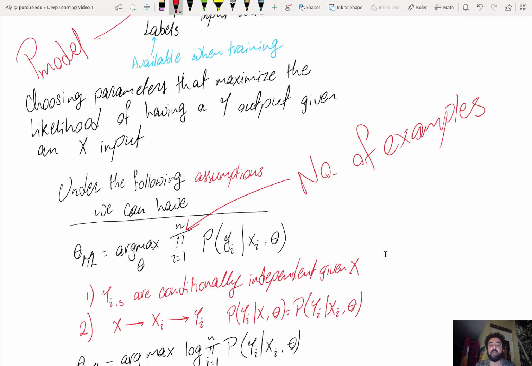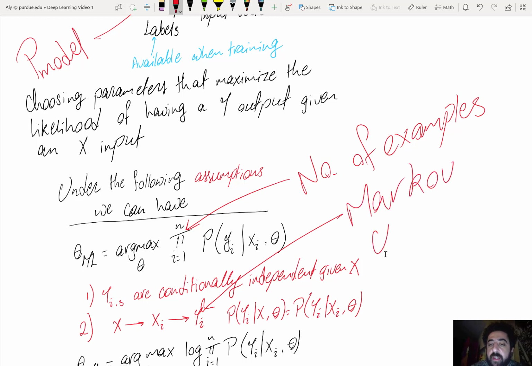The second assumption is that x, xi, yi forms what's known as a Markov chain. What does Markov chain mean? It means that the statistical dependence of yi on all the x's is captured through xi, right? So if I have 20 examples, then y10 depends on x1 through x20 only through x10, meaning that if I know x10, I don't need to know anything else about the other x's to determine the distribution of y10.